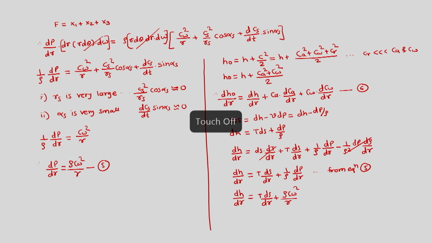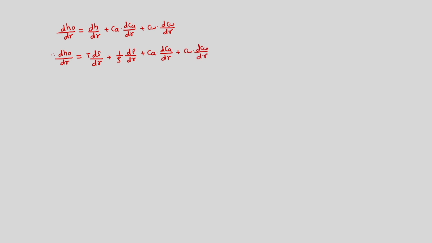Hence, we can put this into equation number 6, and we can write down dH naught by dr is equal to dH by dr plus Ca into dCa by dr plus Cw into dCw by dr. So dH naught by dr is equal to T into ds by dr plus 1 upon rho dP by dr plus Ca into dCa by dr plus Cw into dCw by dr.